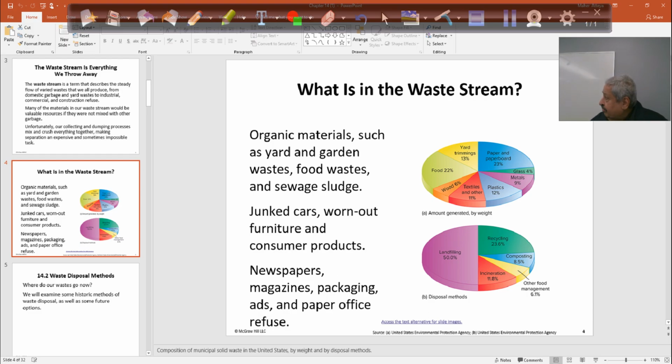All those are types of waste dumped into landfills, but if we can't catch it, it ends up in the ocean. So most of the waste is not accounted for. It ends up in the oceans.